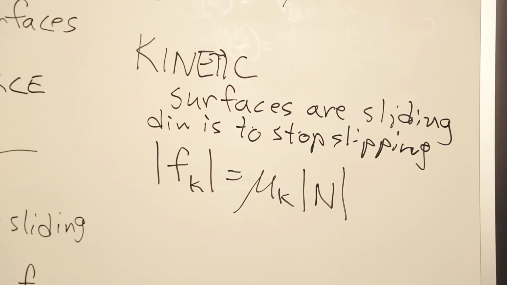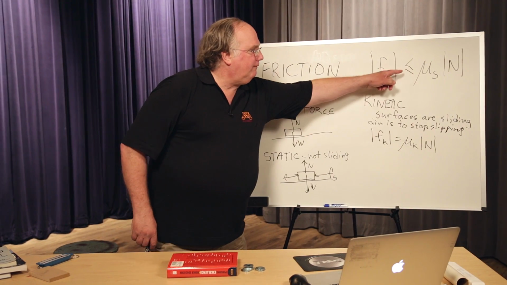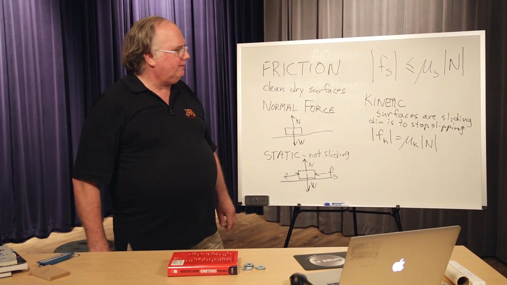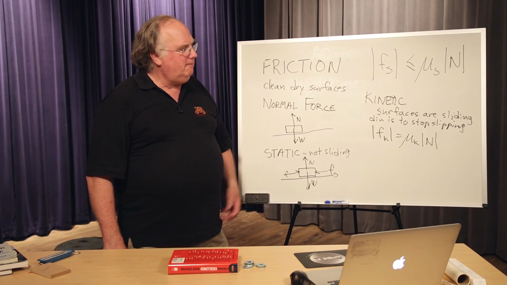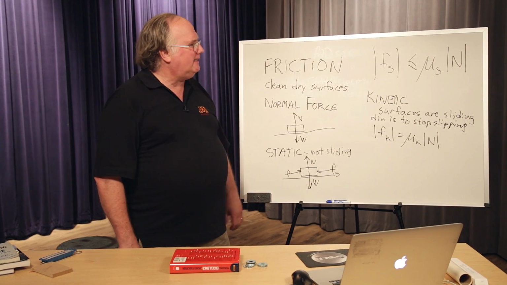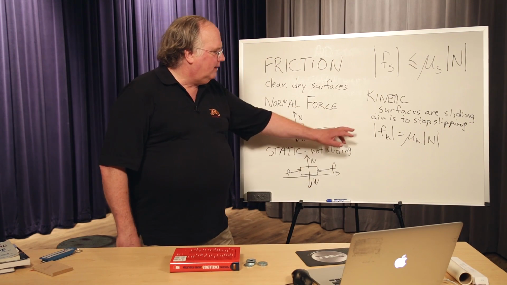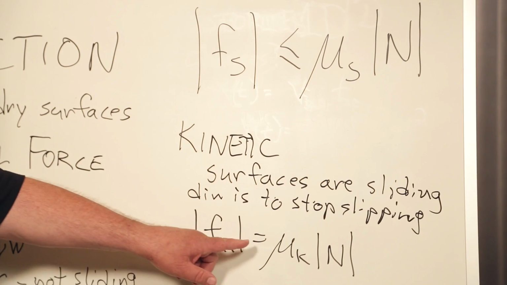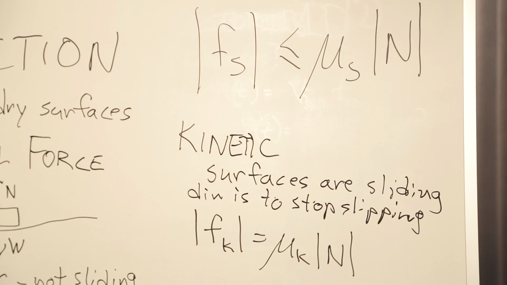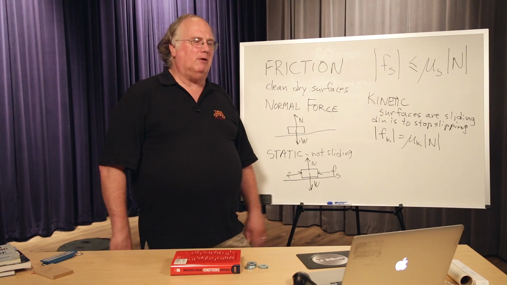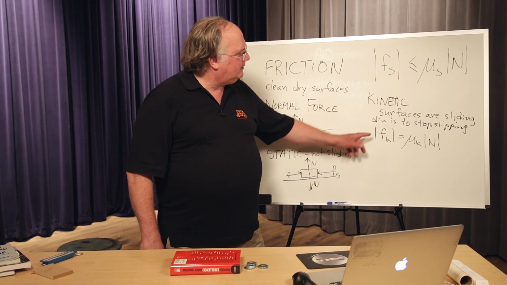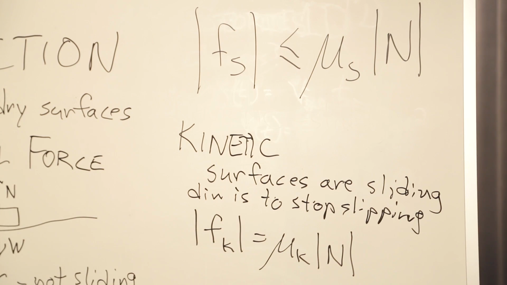Okay, mu k is different from mu s. That's why they have different subscripts. Usually mu k is a little bit less than mu s for the same surfaces. Notice kinetic friction is equal to this no matter what direction we are or what's going on. It's given by this expression.